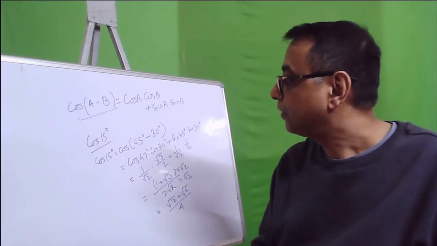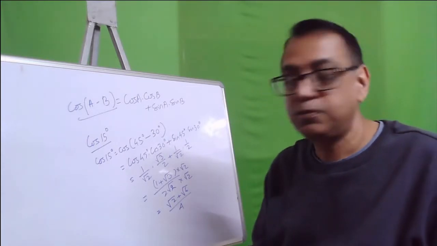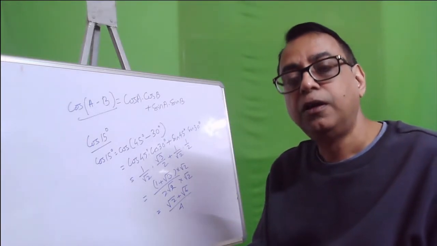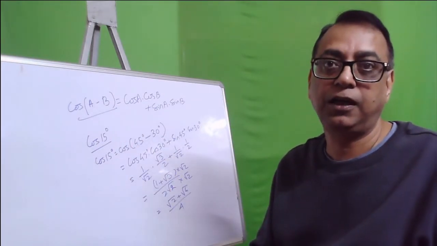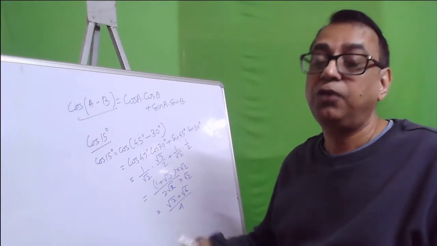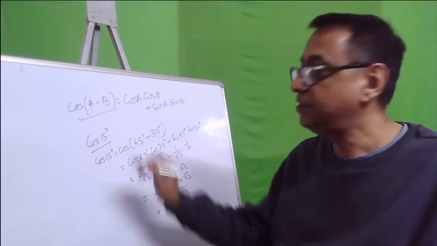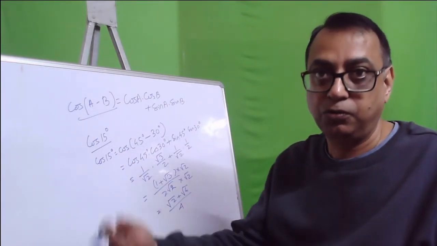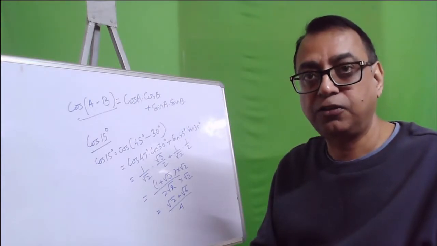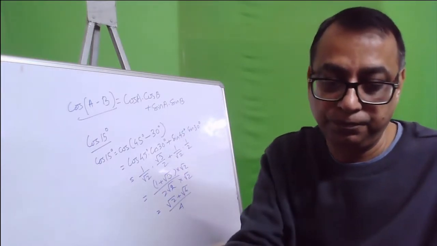So this cos 15 degree value is root 2 plus root 6 by 4, which we could not find out using the geometry of triangles, but using these trigonometric identities we can find it out. We will also show later that even the half of this angle can be found out using trigonometric identities. So let us go into the other trigonometric identities, and when the time comes we will show how.